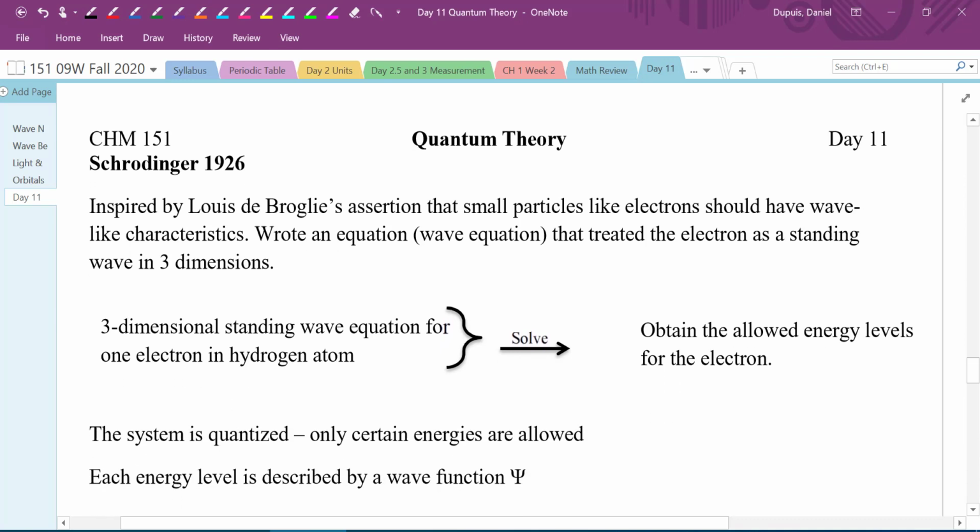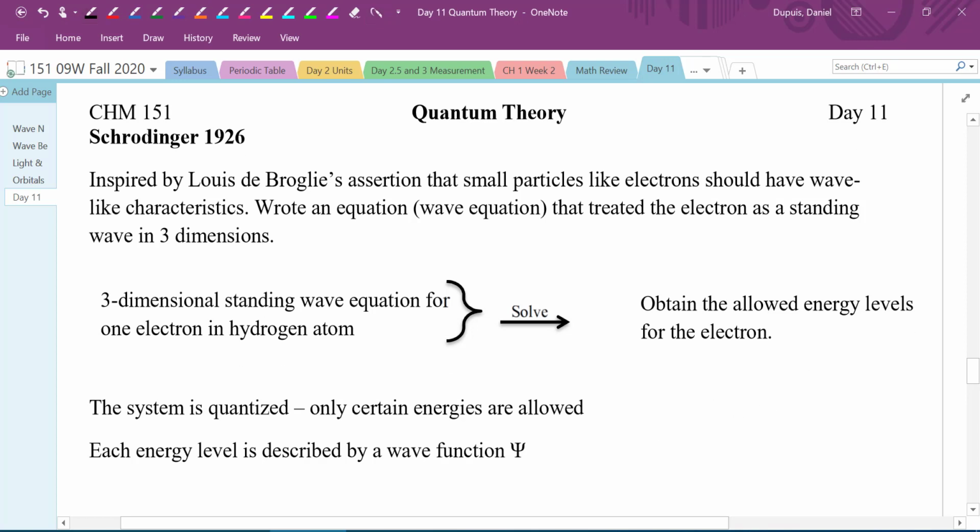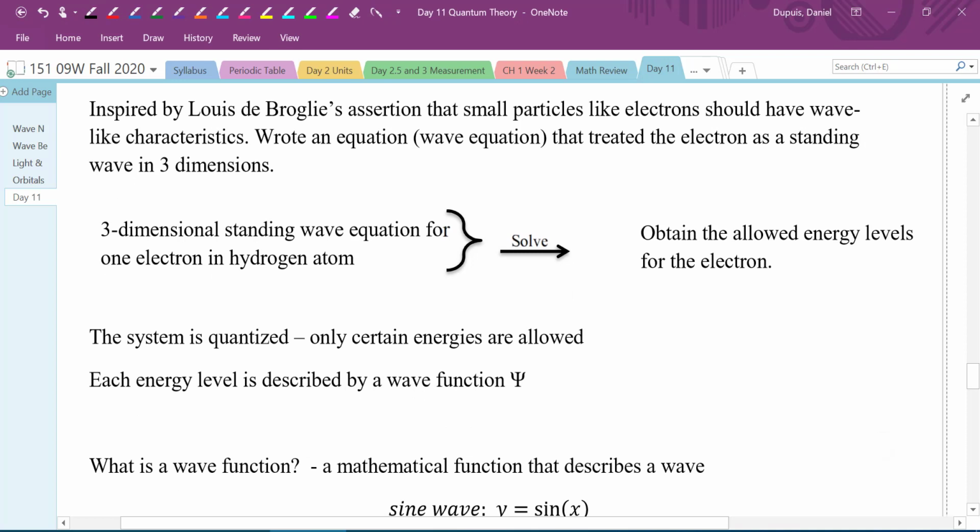And so now it starts off with H psi equals E psi, and it goes from there. Alright, so what are these?